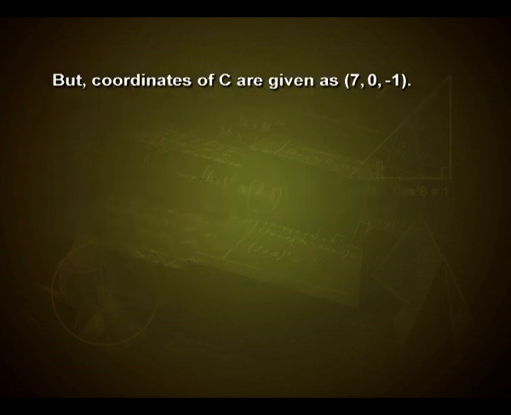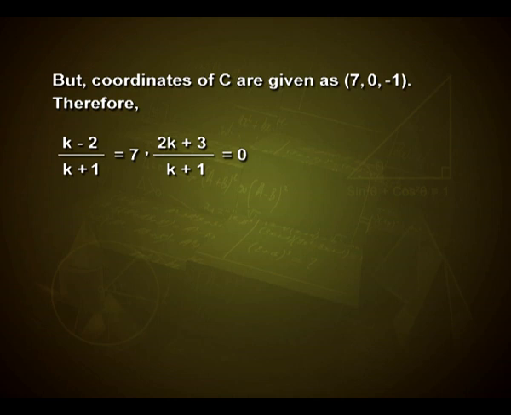But coordinates of C are given as (7, 0, -1). Therefore, we can equate them and obtain (k minus 2) upon (k plus 1) is equal to 7. Similarly, (2k plus 3) upon (k plus 1) can be equated to 0 and (3k plus 5) upon (k plus 1) can be equated to -1.